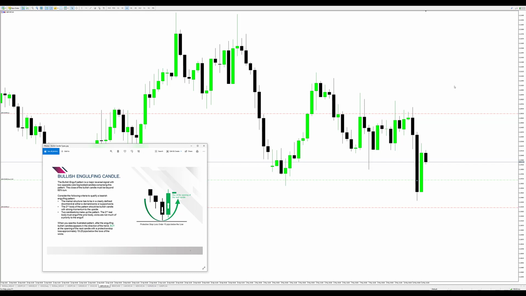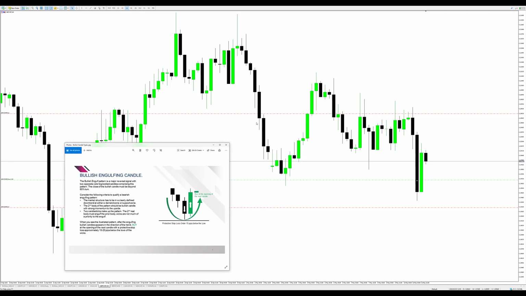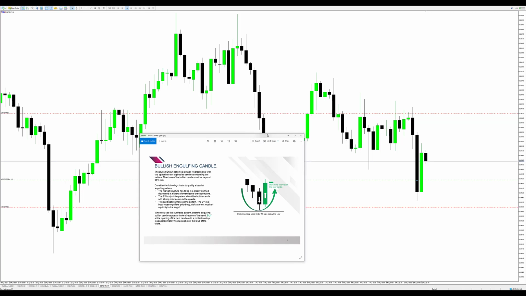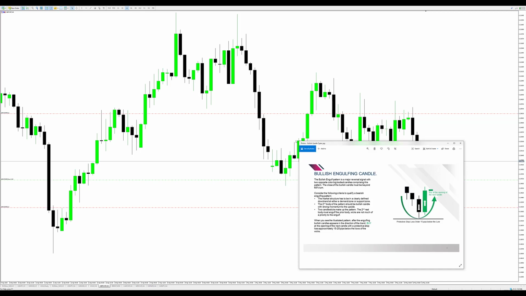On a lower time frame, you can see price was testing this level of demand, a level where buyers will look to come back into the market. And also you can see the same level is a 70% retracement of this swing low to the swing high, so buyers look to come in.